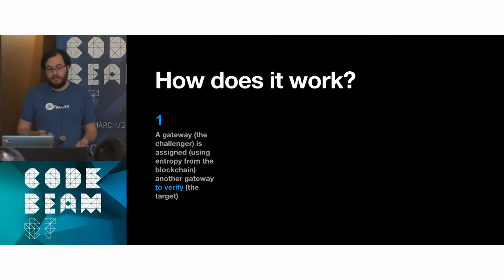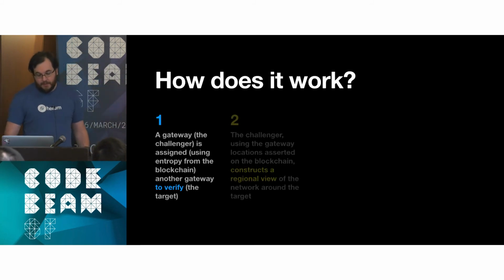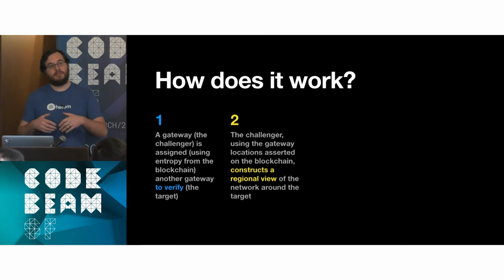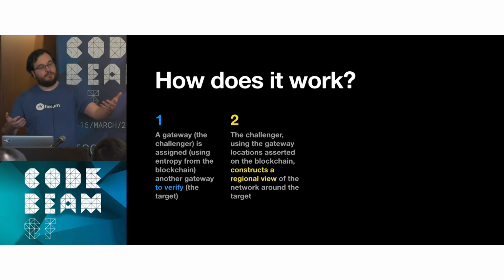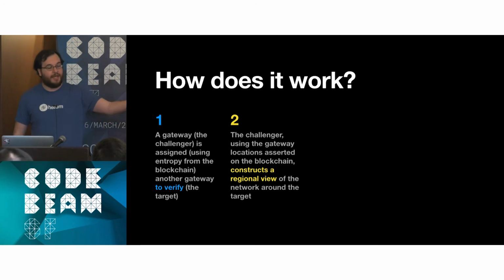So how does it actually work? The first step is a gateway is trying to mine a new block. And he looks at the blockchain, and the blockchain has something it does, and it spits out a target. It says, you're in charge, this block, of verifying this other guy. So basically what he does then is he goes out and figures out, because all of the gateway locations are published to the blockchain, the challenger knows the topology of the gateways near the target.